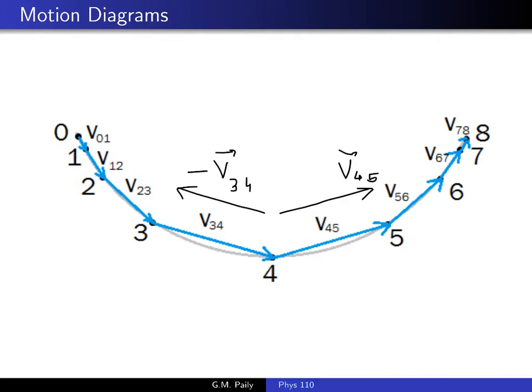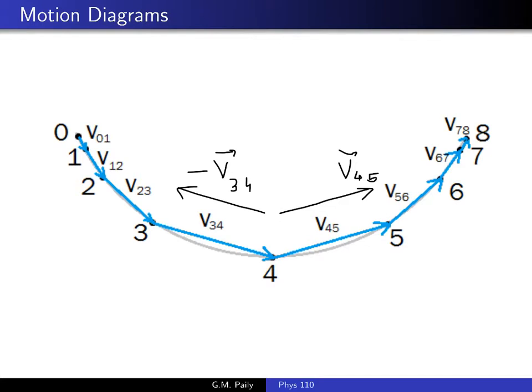Remember, we are trying to find the difference between two consecutive velocity vectors. That is, we are trying to do v45 minus v34. To do this, we draw vector v45, and then we draw the negative of vector v34. This is minus v34.